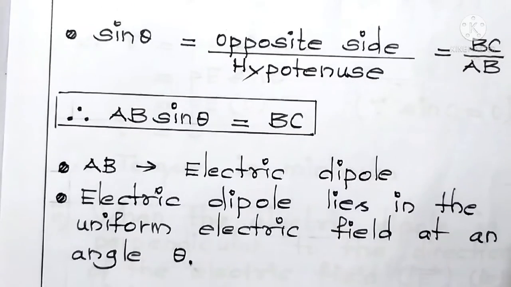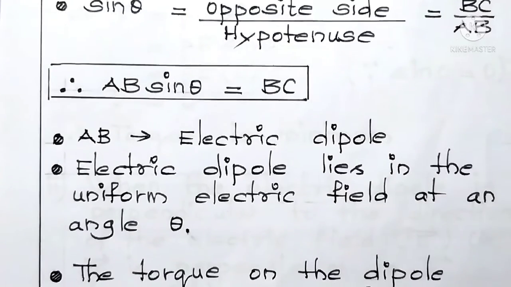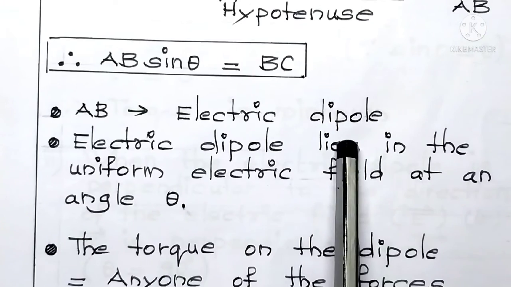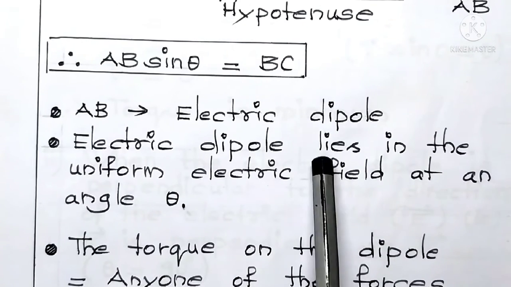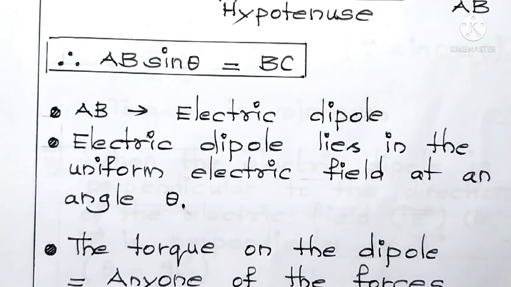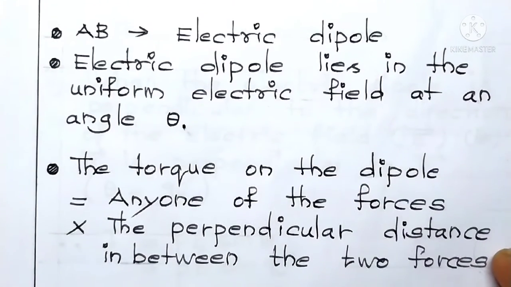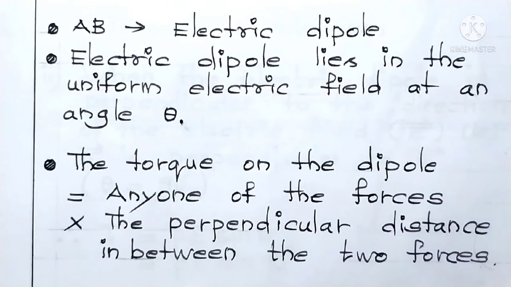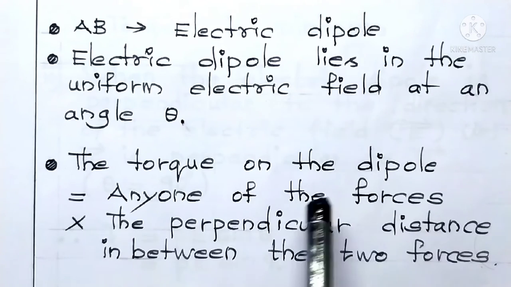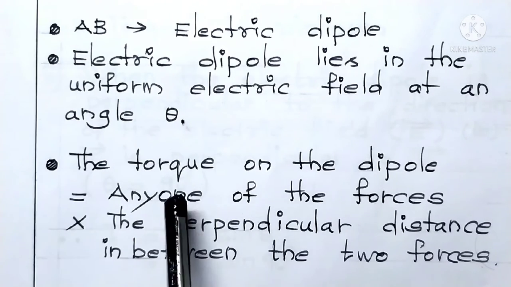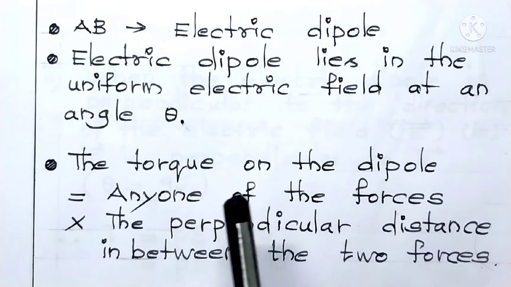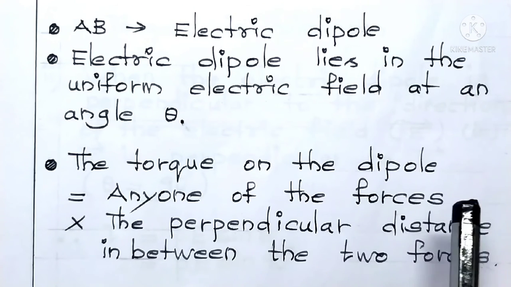Now let us have a brief description about this diagram. AB is the electric dipole. The electric dipole lies in the uniform electric field at an angle theta. Now the torque on the dipole. There is a formula to calculate the torque on the dipole, which is nothing but any one of the forces. As you have already seen in the diagram, there are two forces acting in opposite directions.